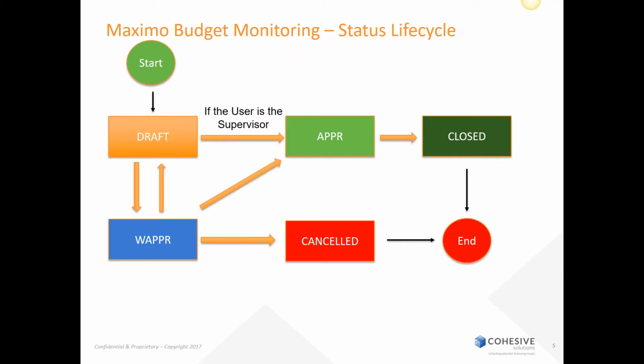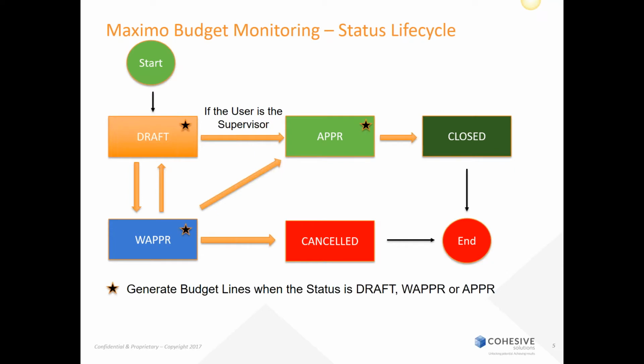There's a couple of things to note here with this star. These are the statuses where you can generate budget lines. In a draft, awaiting approval, or an approved status is when you can hit that action that says generate budget lines.